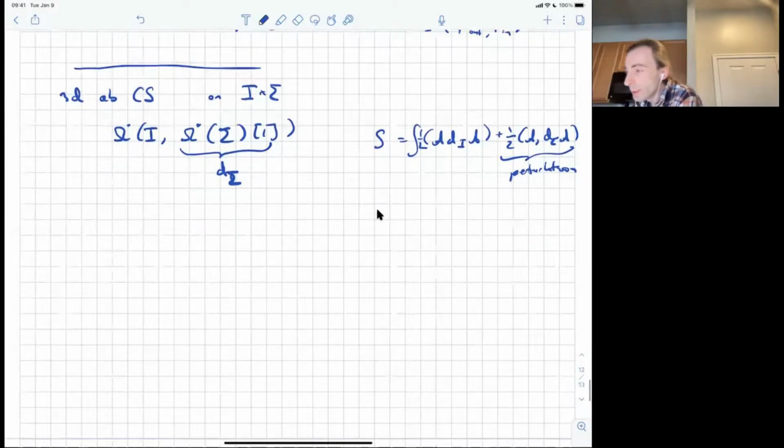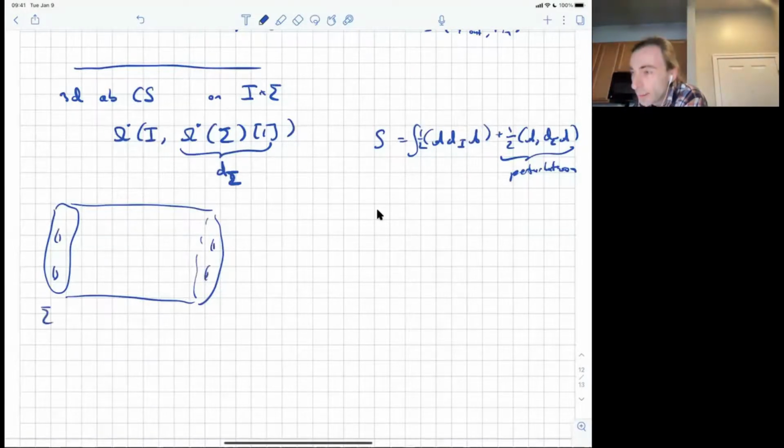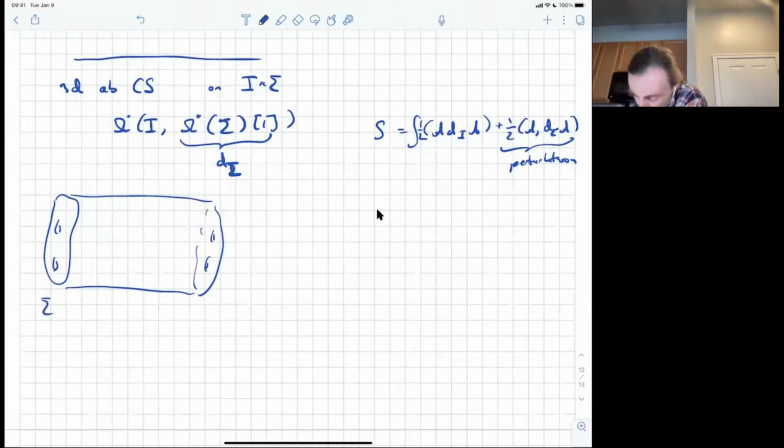So let me see how, yeah. So the picture is like that. So I'm considering a closed surface cross an interval from 0 to 1. I want to fix the boundary conditions, boundary polarizations. So let's say that I fix a complex structure on the surface. So I want to fix A0 at initial time, the ghost.